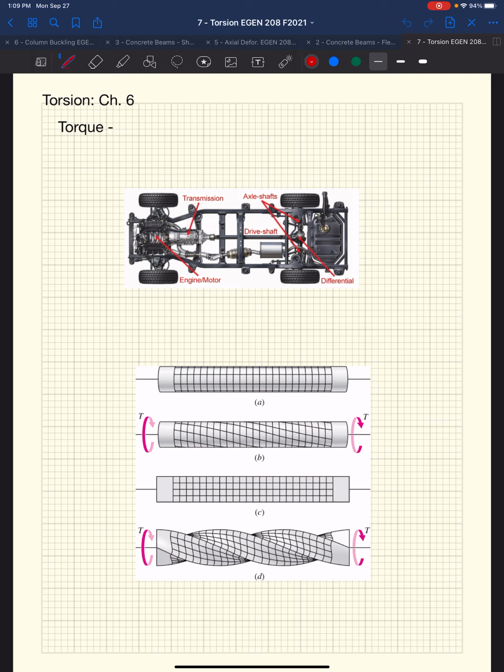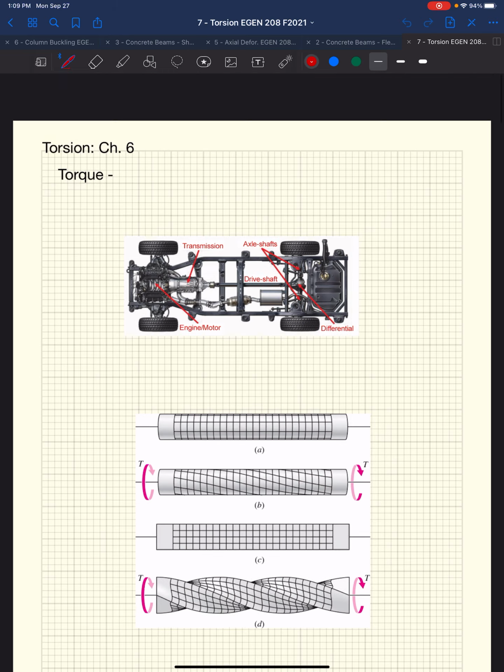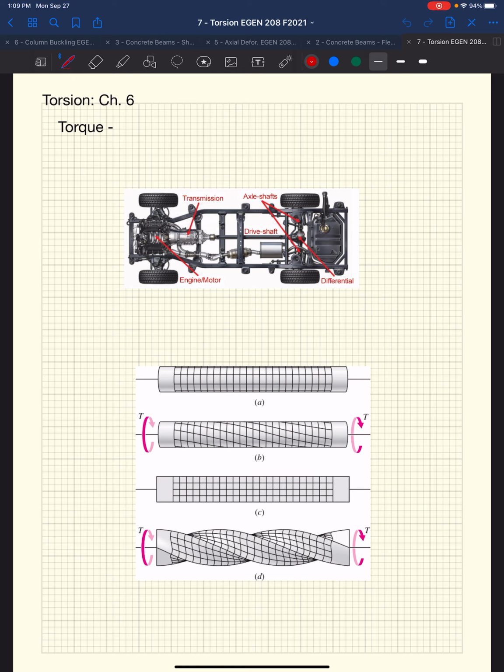So, what is a torque? Well, it's a moment that tends to twist a member about its longitudinal axis.